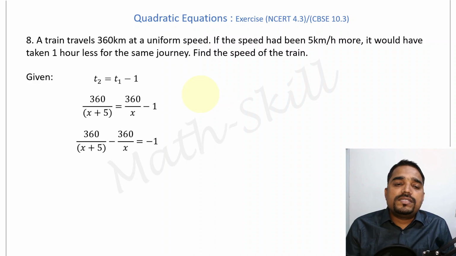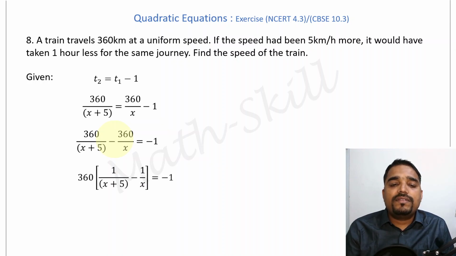Now we see that in the terms of the LHS, 360 is in the numerator for both the terms. Let us take 360 common. That is, 360 multiplied by 1 divided by x plus 5 minus 1 divided by x, which is what is left from the two terms, is equal to minus 1. Now let's take the LCM for the two terms in the LHS.